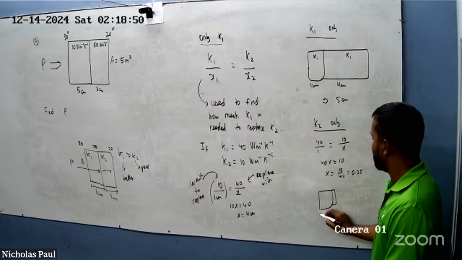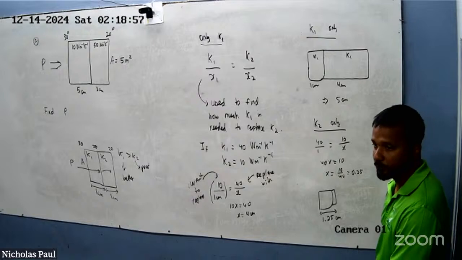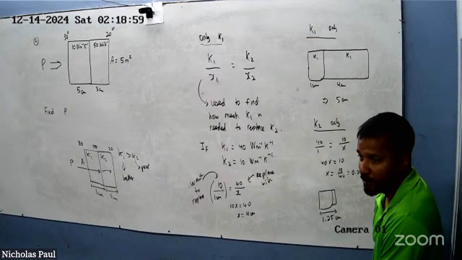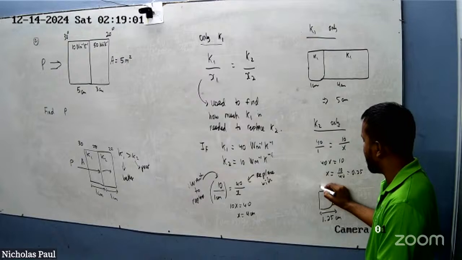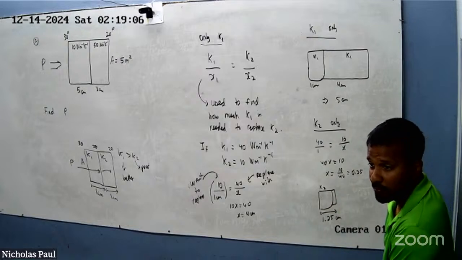So the entire length here will be 1.25 centimeters. That'll be the entire length using K2 only. Everybody okay with that?